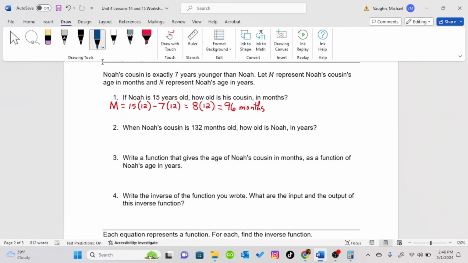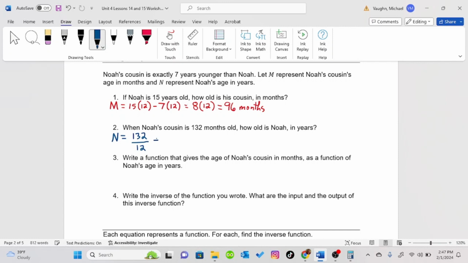Number 2. When Noah's cousin is 132 months old, how old is Noah in years? So now we want to find Noah's age in years. So that's going to be the cousin's age, which is 132 months. But we want the months converted to years, so we're going to divide by 12.